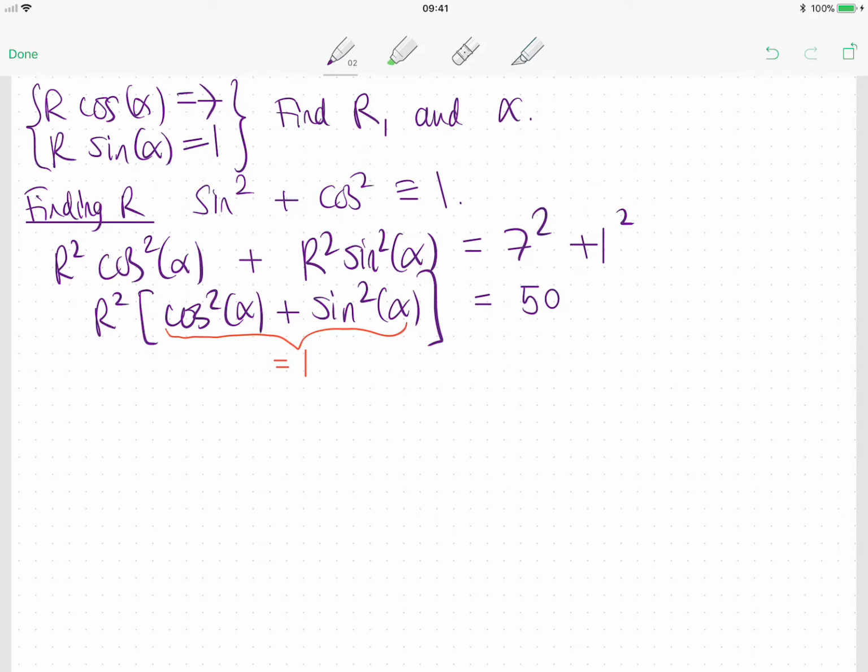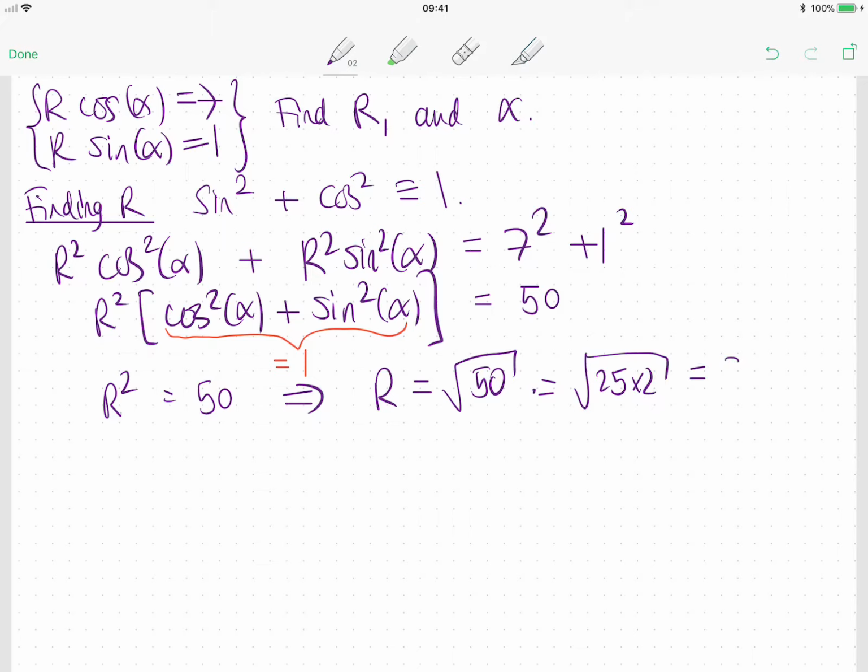So our alphas are going to drop out of the equation, which is very helpful because then we can calculate the value of r, which is, in our case, the square root of 50. So there you go, we have our value of r. We should simplify this a little more. Inside of 50 we have 25, which is a square number. So this is 5 times the square root of 2.